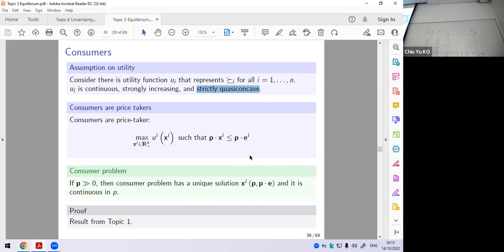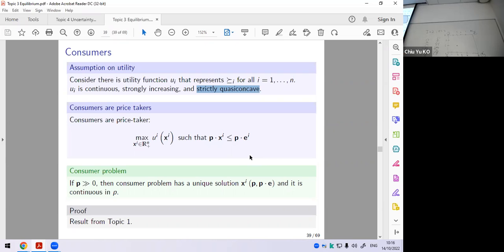The reason we need the prices to be non-zero is that then you have a downward sloping budget set. Consider the 2 good case, x1 and x2. When the prices are positive, you have some slope. If a price is 0, then you end up here or end up at this corner, and things become more complicated. So we have proved this.